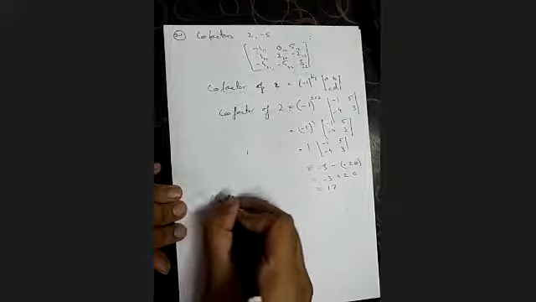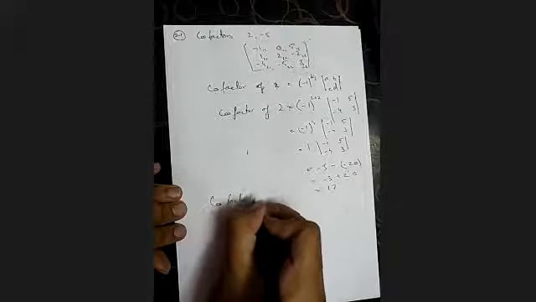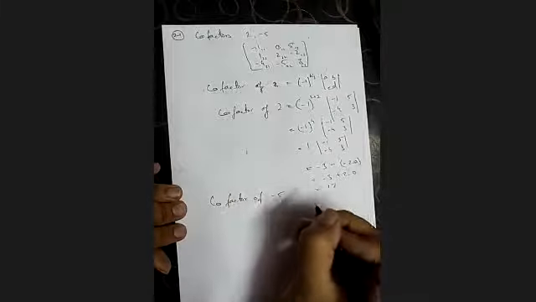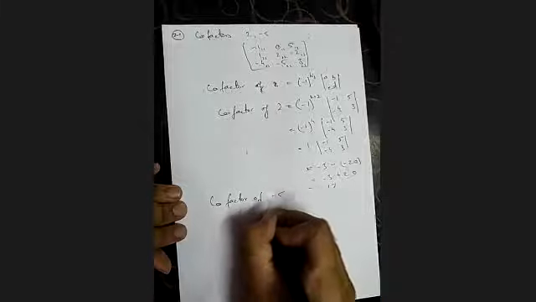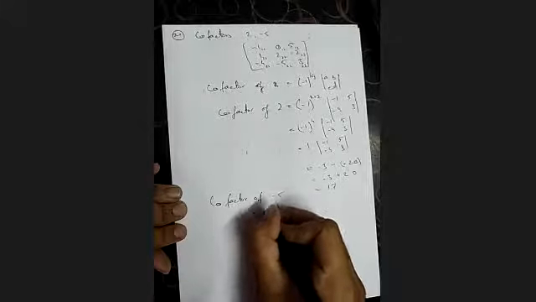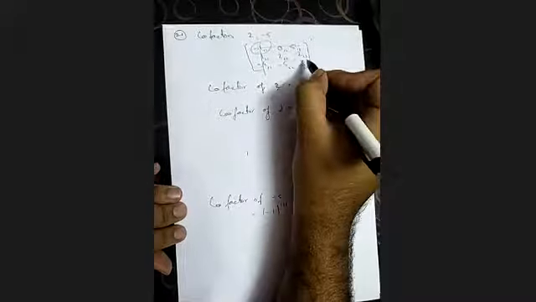Next, cofactor of minus 1. It is over here, so 1 plus 1. Then remove this row and this column. What will be left? 2, minus 5, 3.